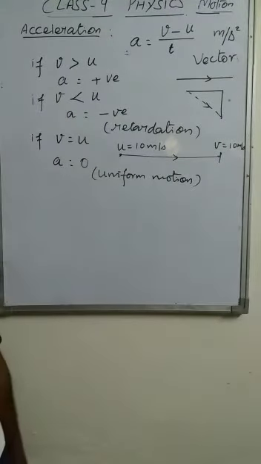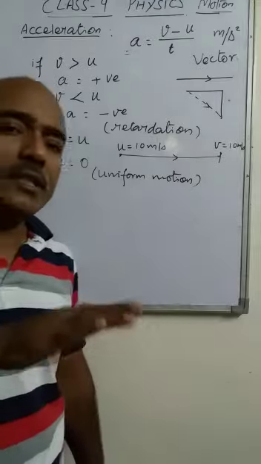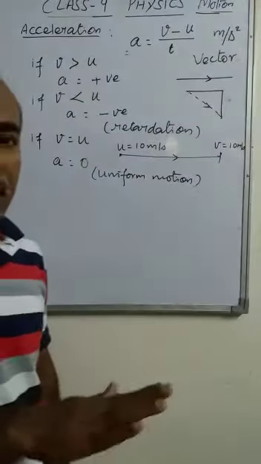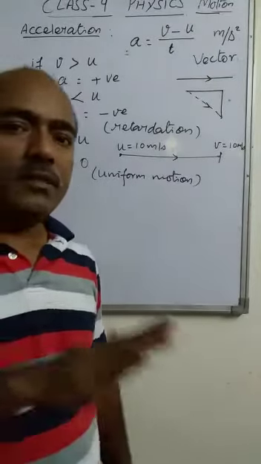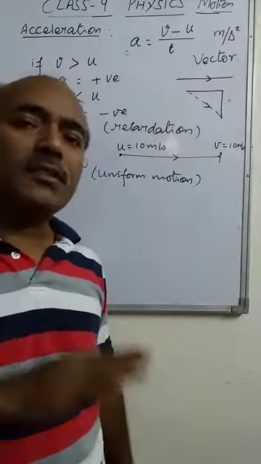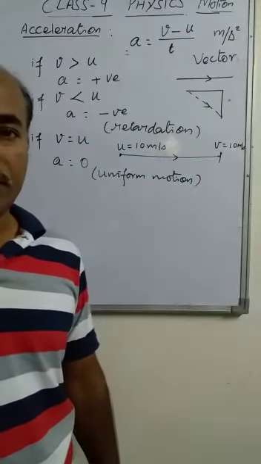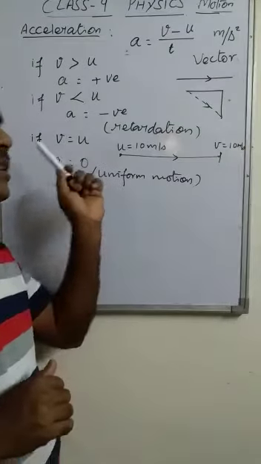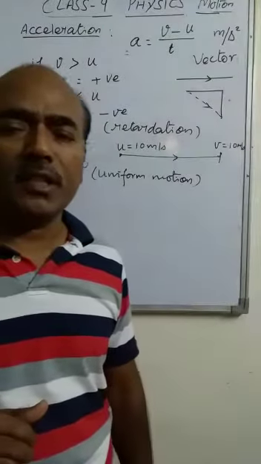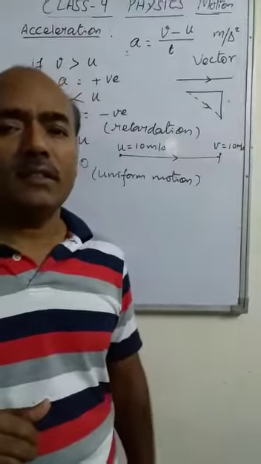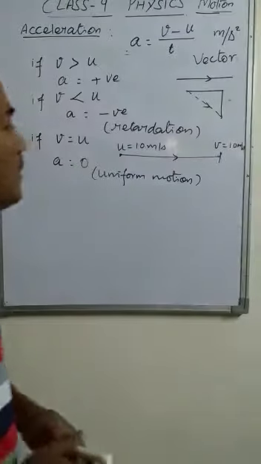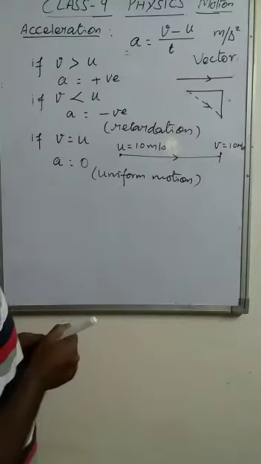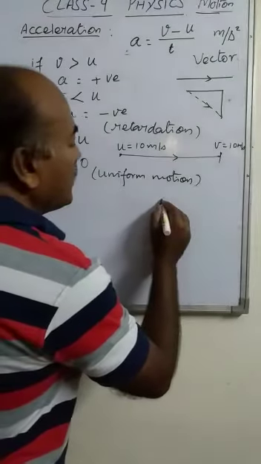That means you are not using the pedal at your legs. With that pedal, we are able to increase or decrease the speed of the vehicle. If it is traveling with the same velocity, the pointer showing the same point, then there is no use of that pedal. The name of that pedal is accelerator.